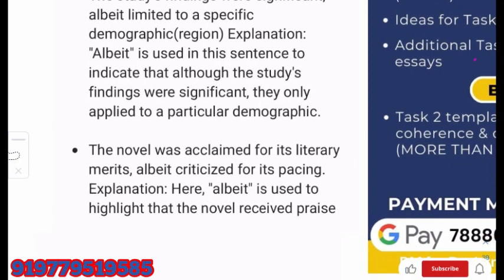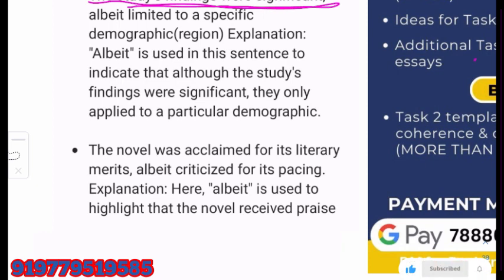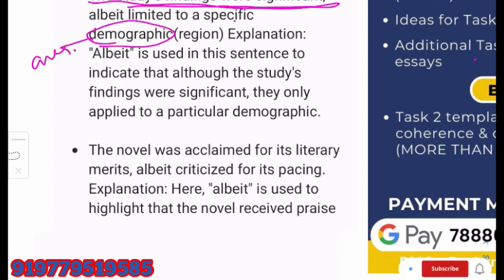Okay, the study's findings were significant, you can use this anywhere, albeit limited to a specific demographic, means area, region. The findings were significant but they are applied to a particular demographic. This you can use anywhere.